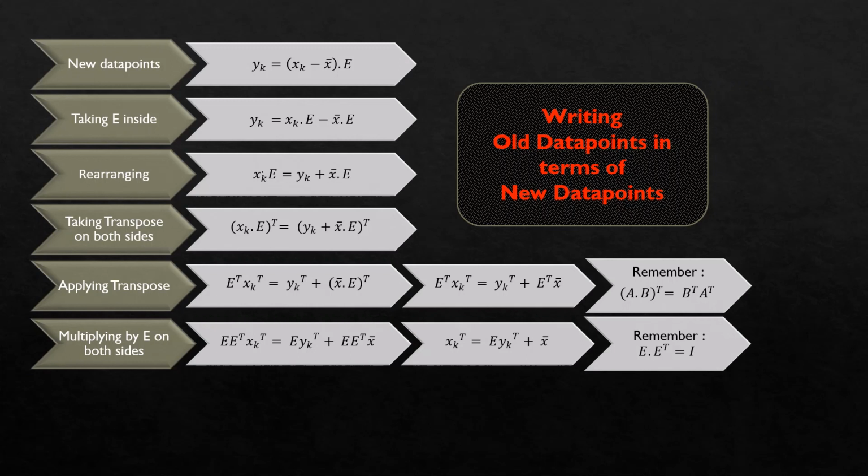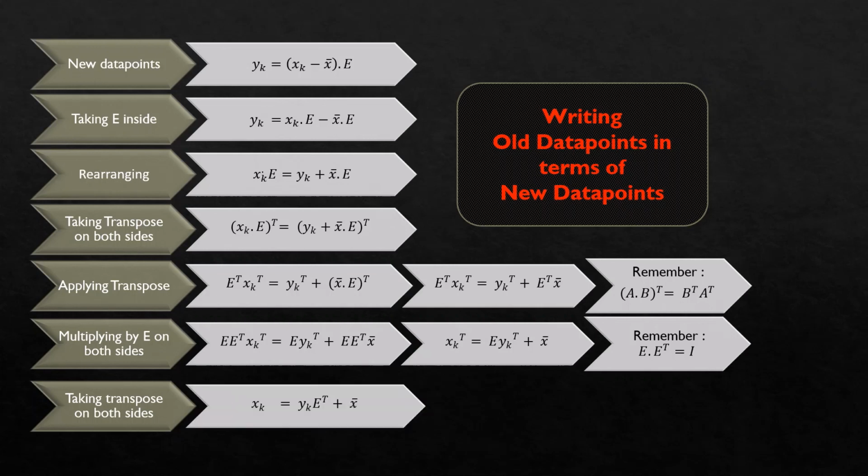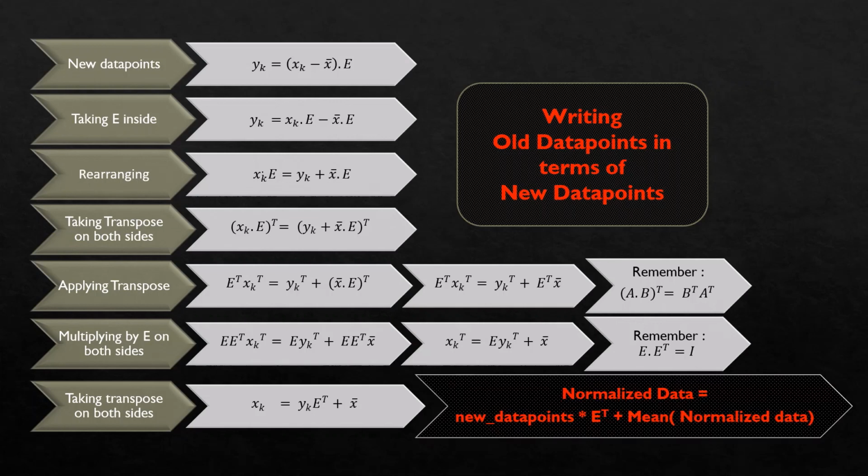But E E transpose is equal to I. So xk transpose is equal to E yk transpose plus x bar. Taking transpose on both the sides, again we get xk is equal to yk into E transpose plus x bar.